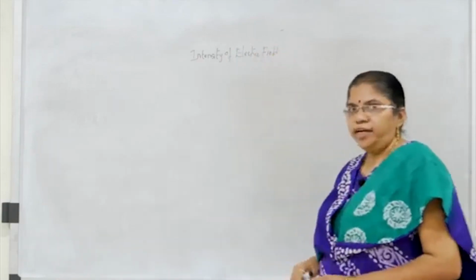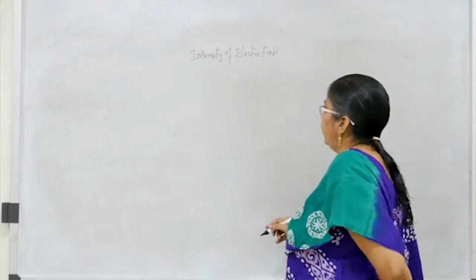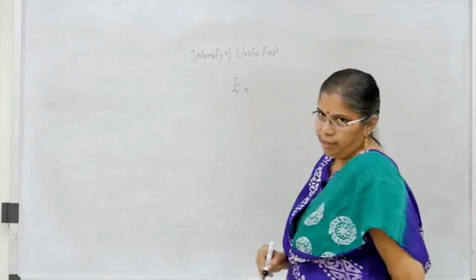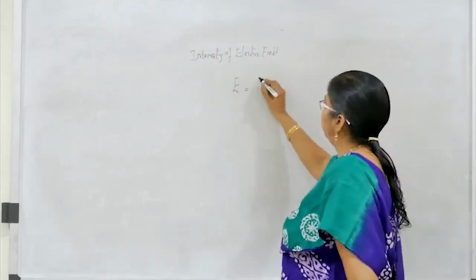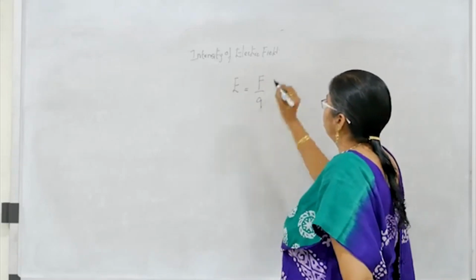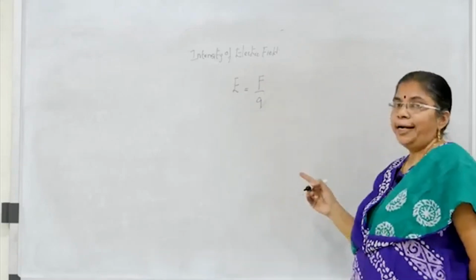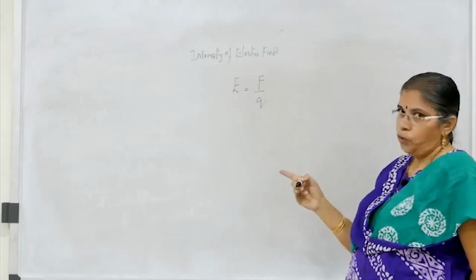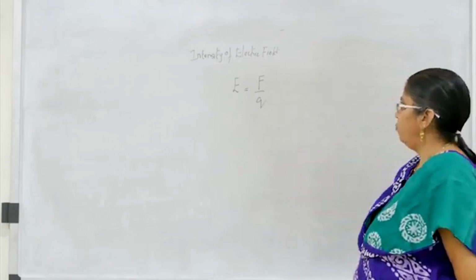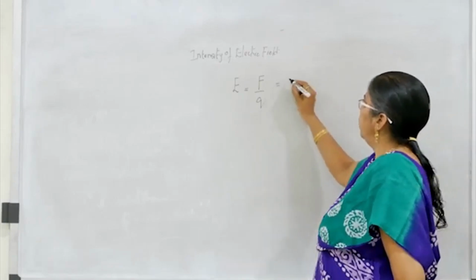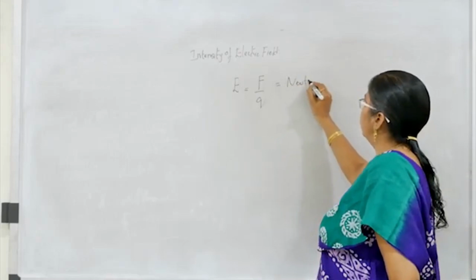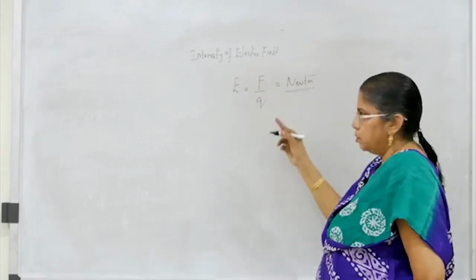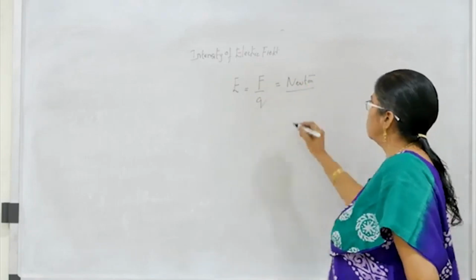So intensity of electric field is defined as E. It is given by the letter E, and E is F by Q. The force that is acting per unit positive charge placed at a point in the field is known as intensity of electric field, and the units are Newton per Coulomb: the unit for force is newtons and the unit for charge is coulombs.